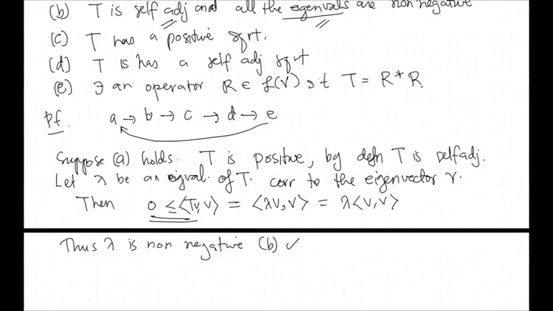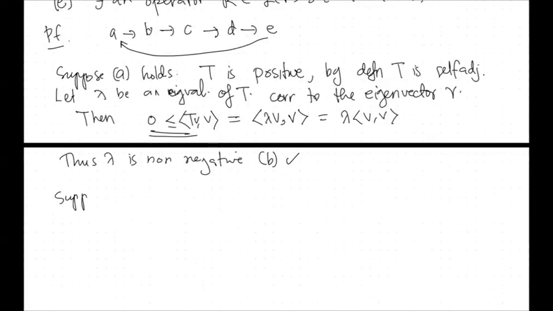Now suppose that B holds. Then what can you say about T being self-adjoint and all the eigenvalues being non-negative? We will invoke the spectral theorem.